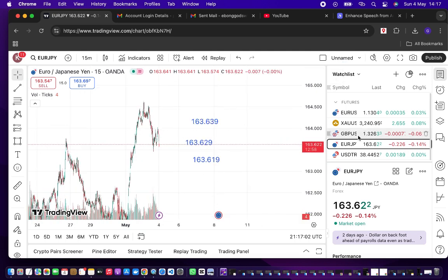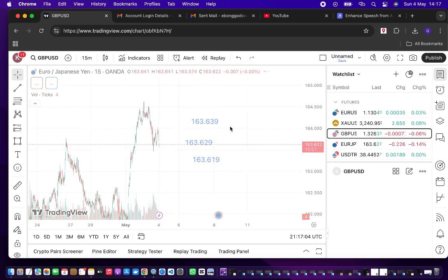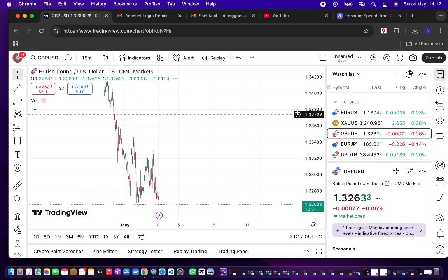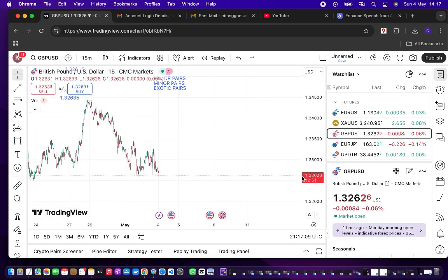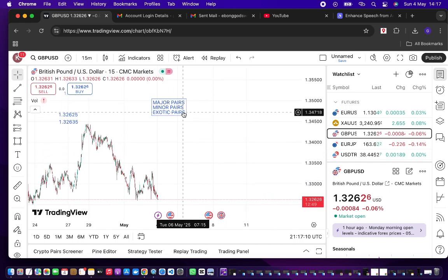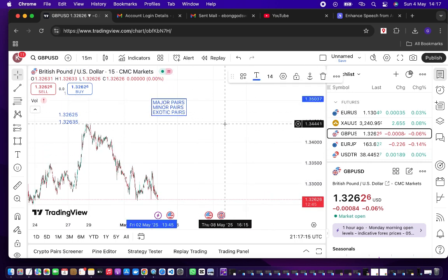So that's it for the minor pairs. So finally, let's look at the exotic pairs. Exotic pairs are pairs involving one major currency from a developed country, and the pair is listed with a currency from a less developed or a growing country.